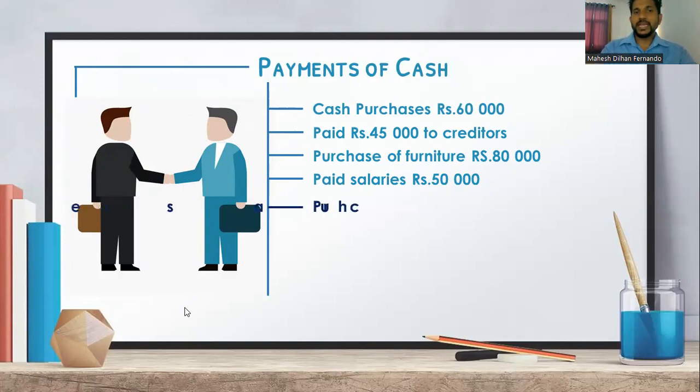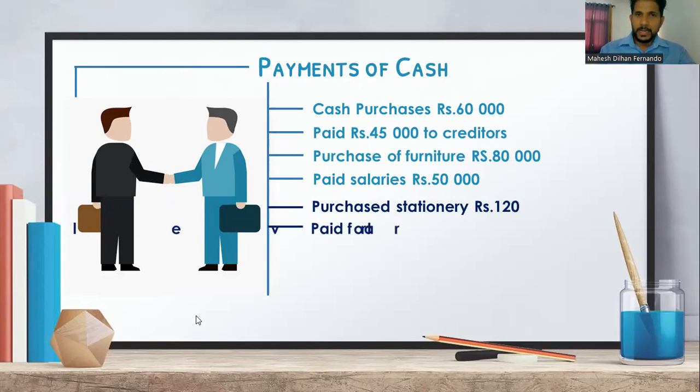Now look at these. All these are payments. Look at this one: purchase of stationery rupees 120. Then paid for traveling rupees 240. Are these payments? Yes.